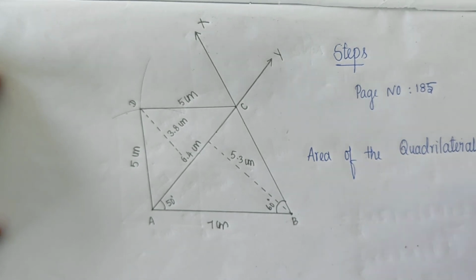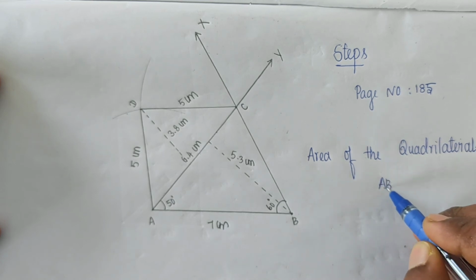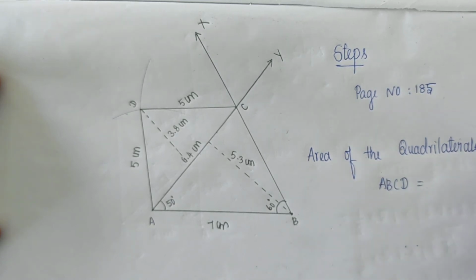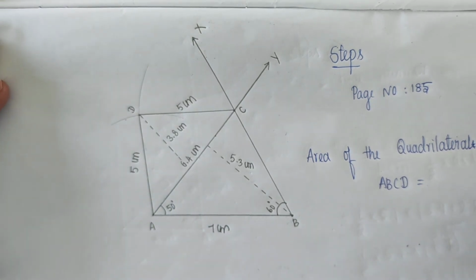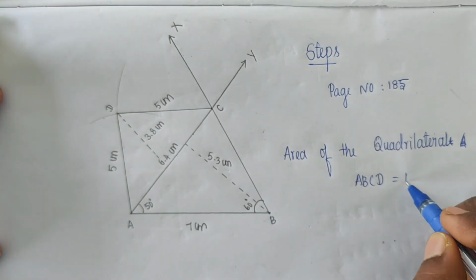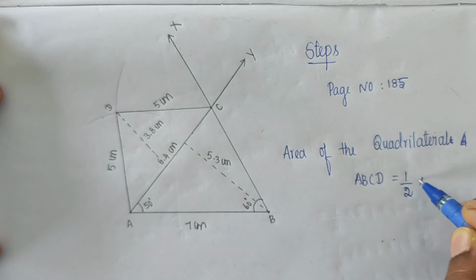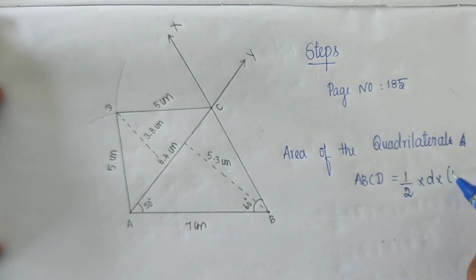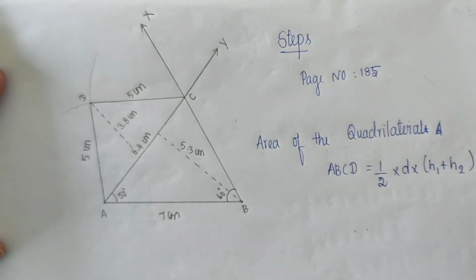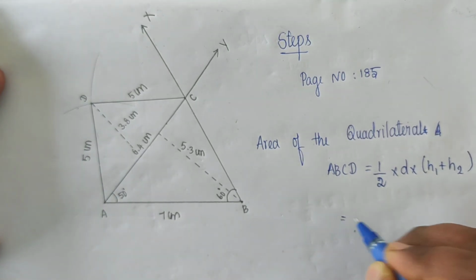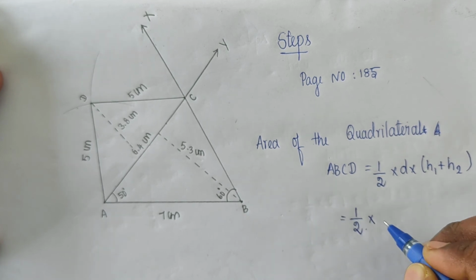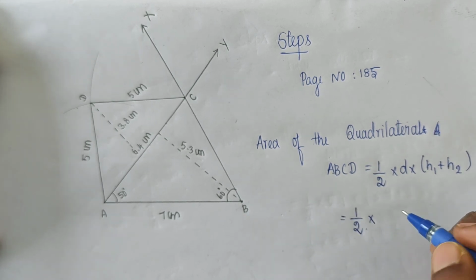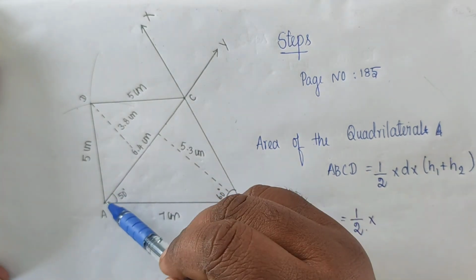Area of ABCD equals, the formula for the area of a quadrilateral is 1/2 times d times (h1 plus h2). So 1/2 times d, where is d? The diagonal.